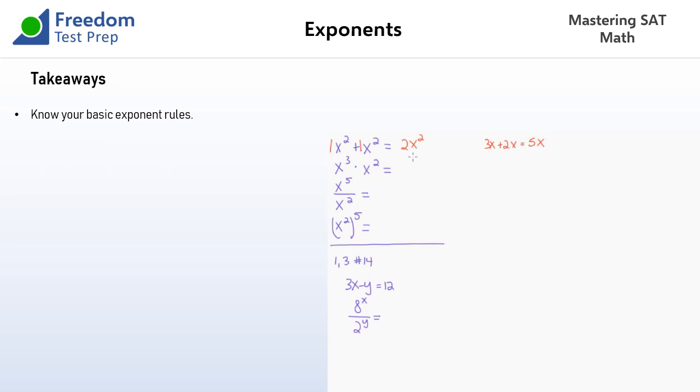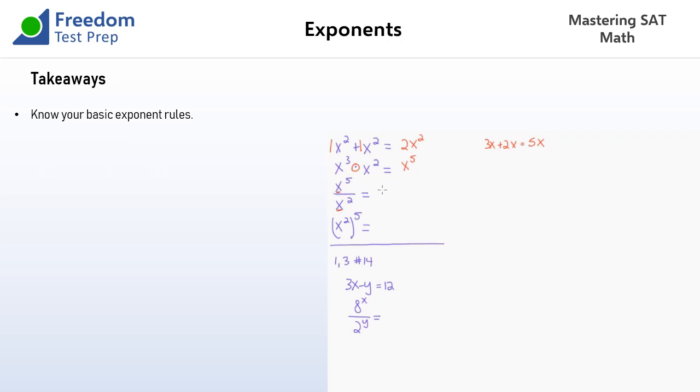Okay, let's move on. If we are multiplying, then we add the exponents. So x cubed times x squared is x to the fifth. If we're dividing, we subtract the exponents, again as long as the bases are the same.